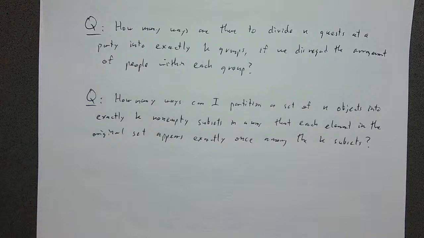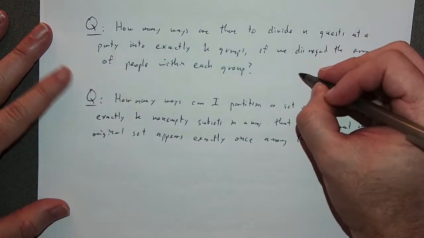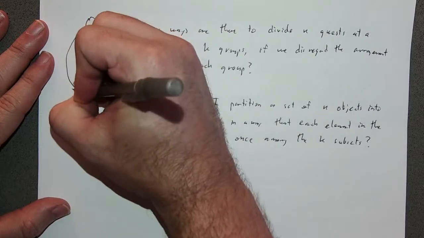So each element gets put into some subset. None of the subsets are empty, but not just put into at least one, it is put into exactly one. If it's put into one subset of the k subsets, it will not be in the others, because of course, subsets of a set can have as much overlap as you want. So this is a special thing. It's clear that these two questions are the same question.